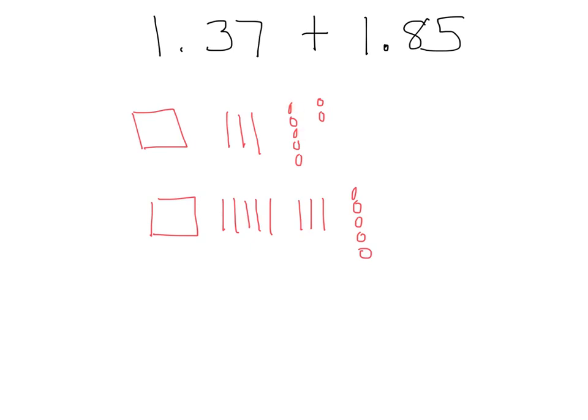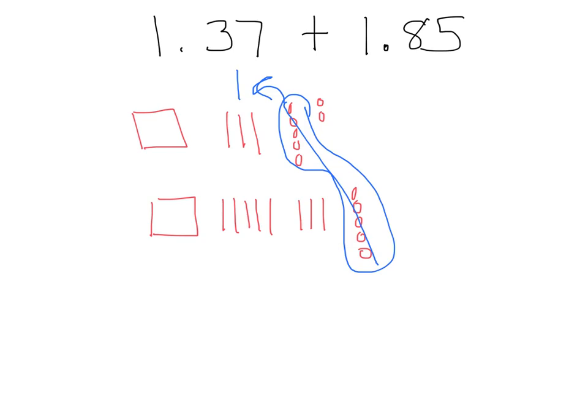Well, this is 7, so 5 and 2 is 7, and 5, so there's 5, 10, 11, 12, but I need to group them in groups of 10. Since there's more than 10, I'm going to circle these 10, 5 and 5. I'm going to cross them out. I'm going to draw an arrow, and I am going to add a tenth to the tenths.